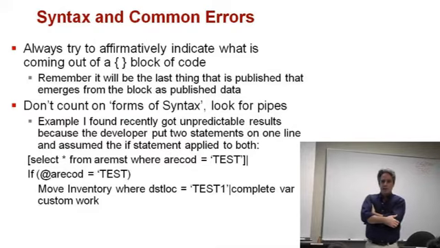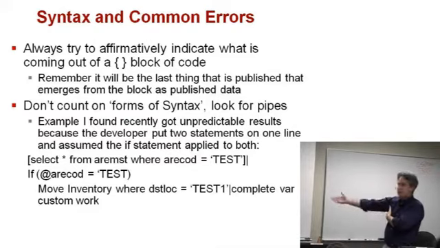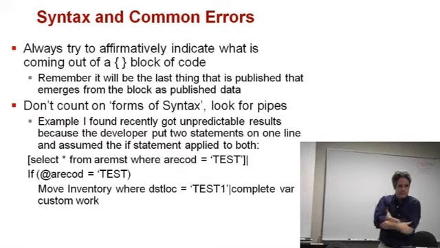So be conscientious about the way you format your code, and it helps everybody. This actually was a bug that took us a while to find because we weren't looking for this sort of thing. Actually, it didn't take me very long to find, because I've seen it before.